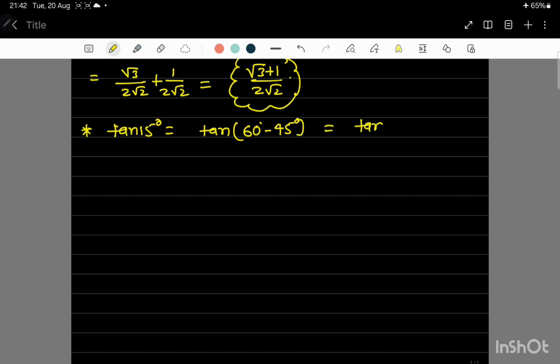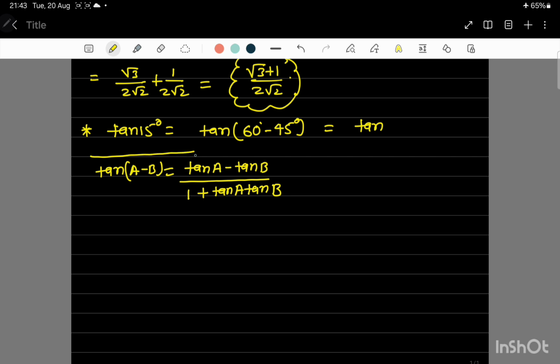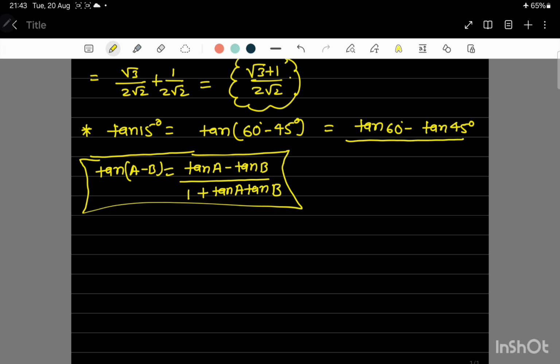So we know that tan A minus B is equal to tan A minus tan B divided by 1 plus tan A into tan B. So tan 60 degree minus tan 45 degree divided by 1 plus tan 60 degree into tan 45 degree.